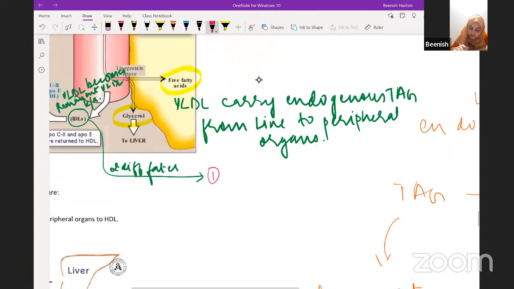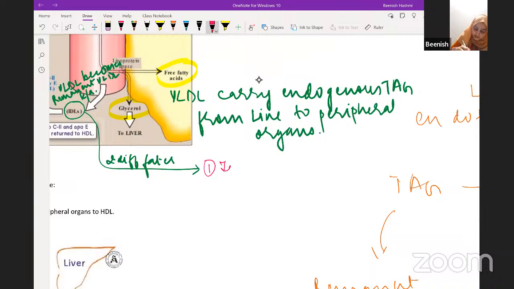The first fate is that it can be taken up by the liver, by receptor-mediated endocytosis.